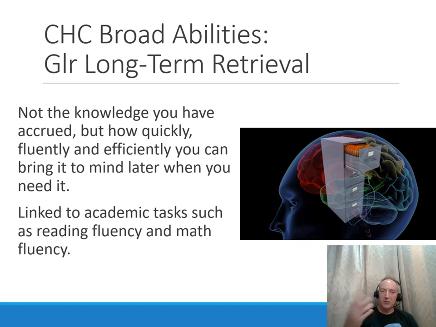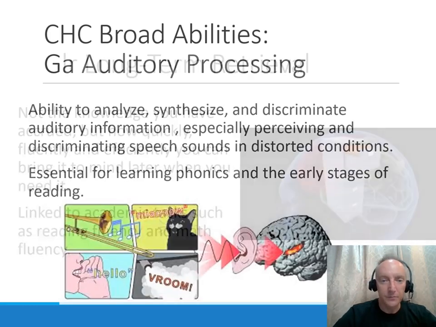You are quickly recognizing the word pattern, immediately pulling that word from your long-term memory. Or in math, fluency would mean you see 2 plus 2 and you automatically know 4. You're not bringing out your fingers and calculating it. So that is what long-term retrieval is all about.